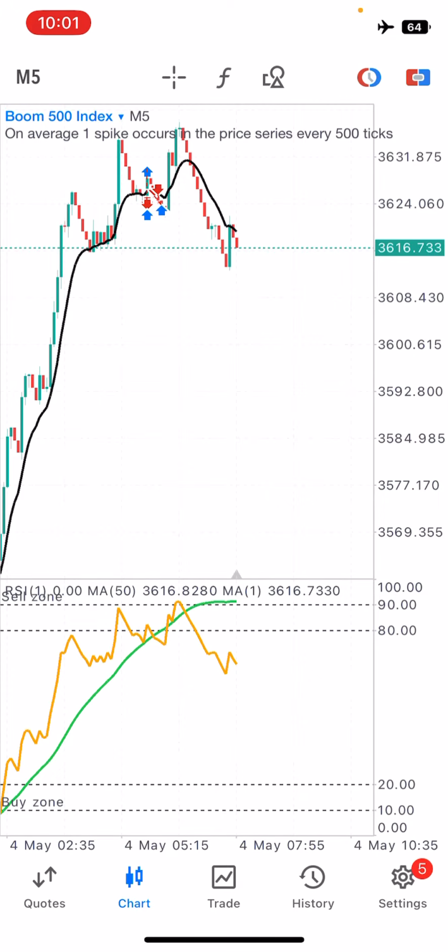So I'm gonna use Boom 500 and Crash 500 as examples because those are my favorite indices. You can also try it out on all the other Boom and Crash indices that we have, and you see how it works out. Okay, it's a very simple strategy.